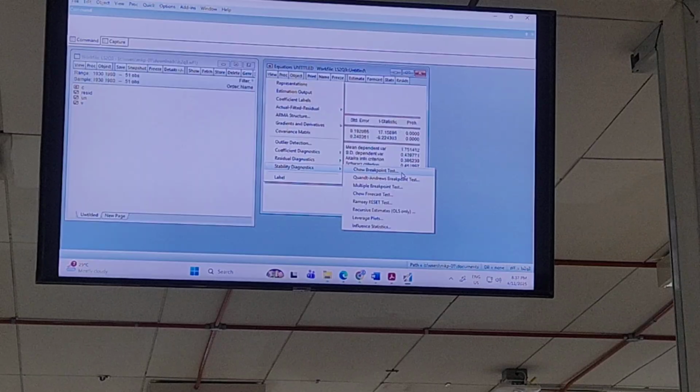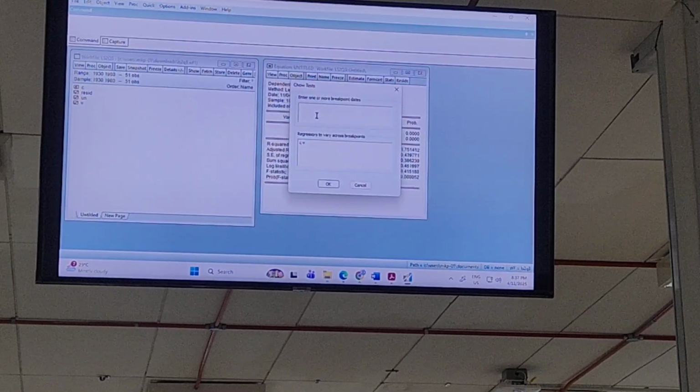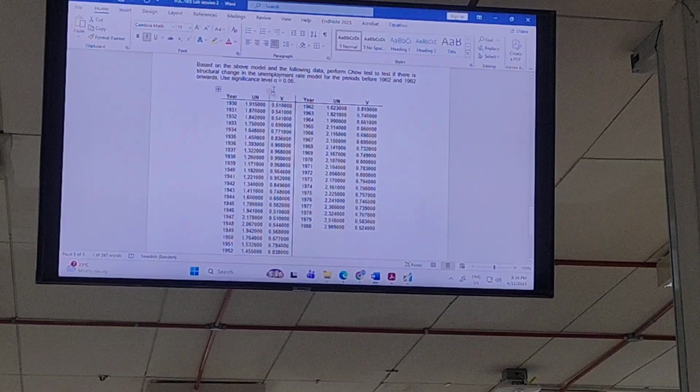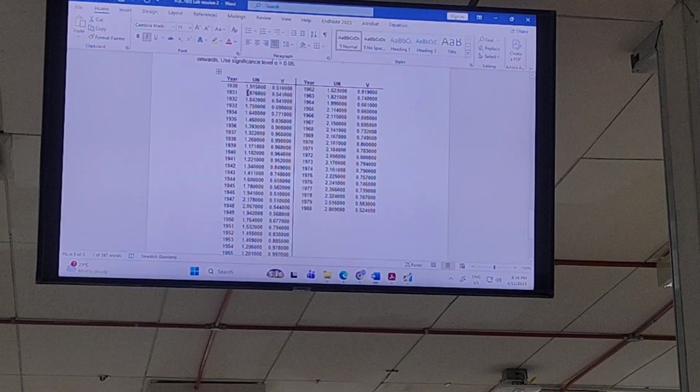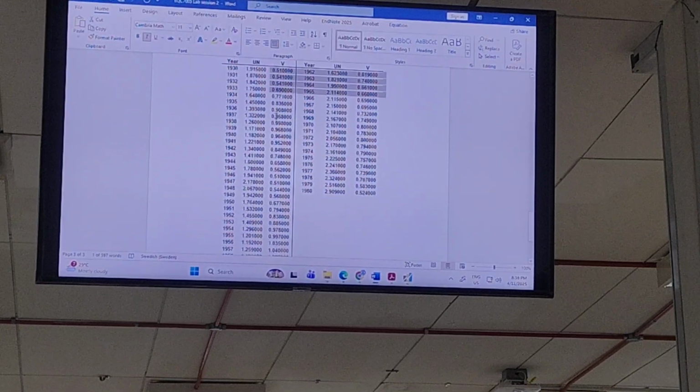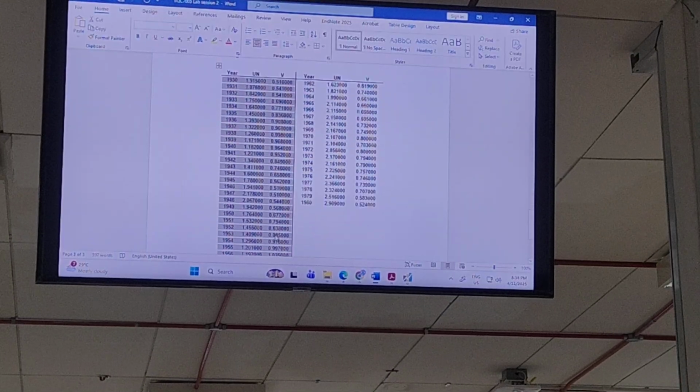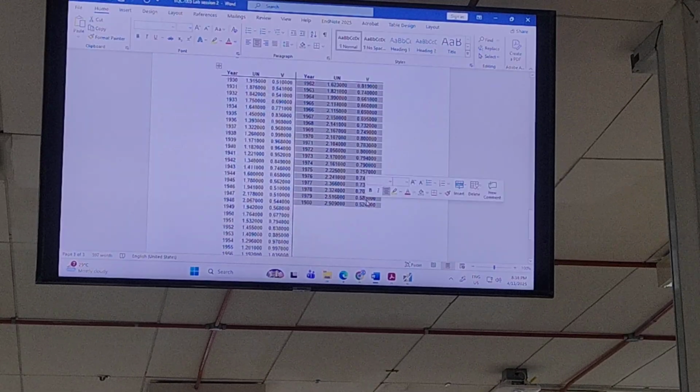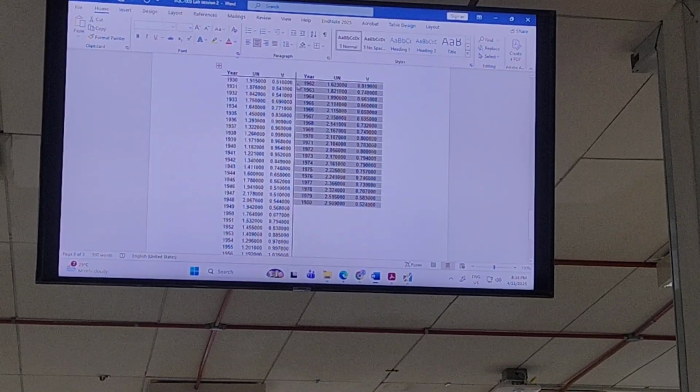Okay. Here you need to put the first date of the second part. In this case we have data and you want to test whether the parameters for the first set of data are still the same for the second part of data, meaning before 1962 and starting from 1962 onwards.